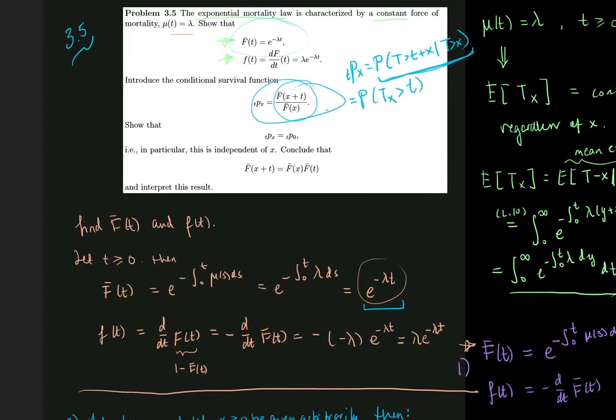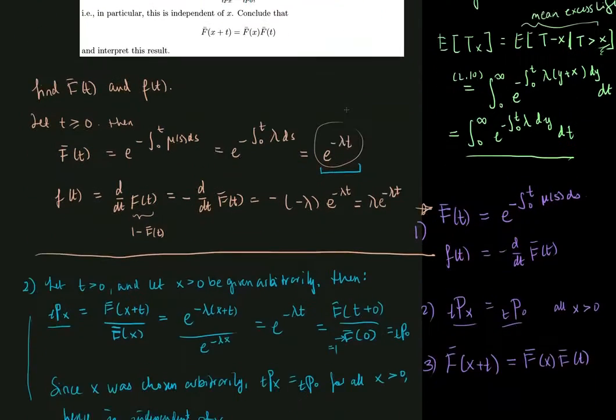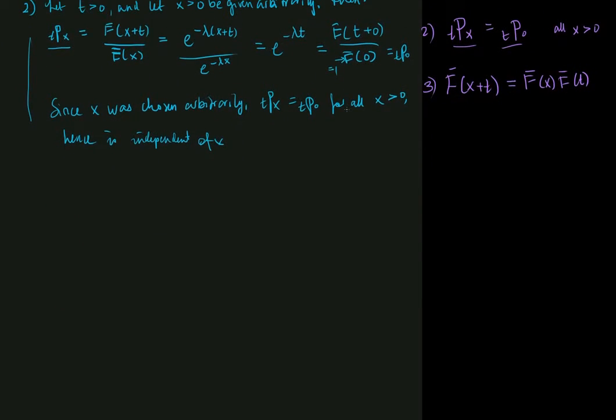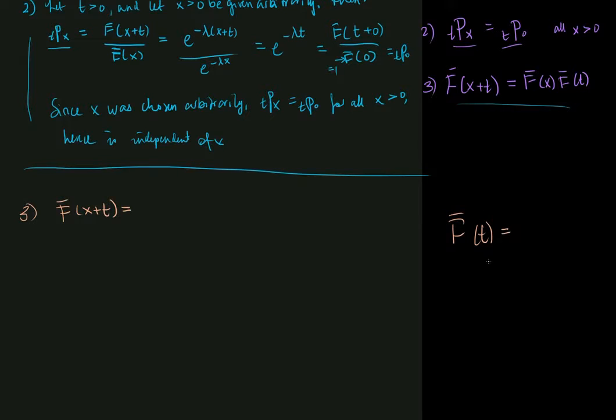Okay, so the last thing they want us to do is to conclude that the survival function in x plus t is equal to the survival function in x multiplied by the survival function in t. So let's just take a look at this. F bar of x plus t. Well, we already had the expressions, right? We concluded much earlier that the survival function at any non-negative value t is given by e to the minus lambda t.